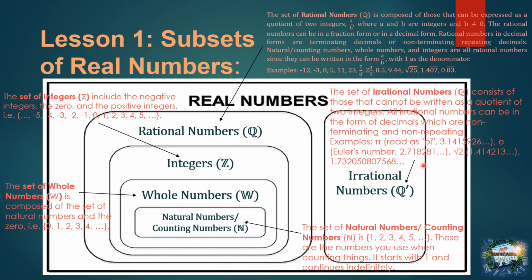Ayun, no? Diba? So, irrational numbers yun. Hindi natin sila pwedeng express as A over B. Okay? So, irrational number yon. Okay? Ayan. That's subsets of rational number.